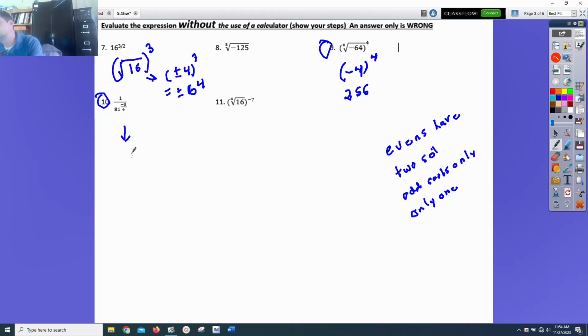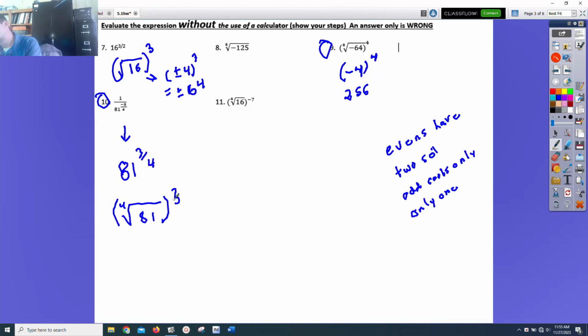Try it again. This becomes 81 to the positive 3/4. All right, it is asking me to take the 4th root of 81 and sometimes you can put the 3 on the outside.